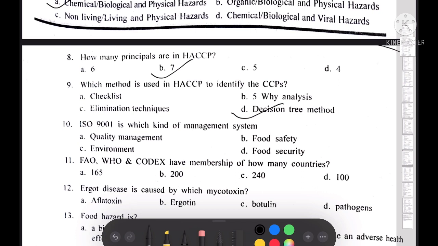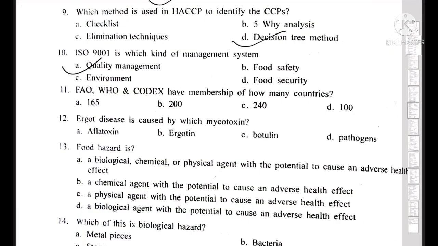The options are quality management, food safety, environment, or food security. So ISO 9001 is a quality management kind of system.